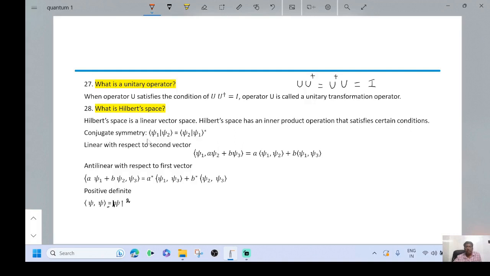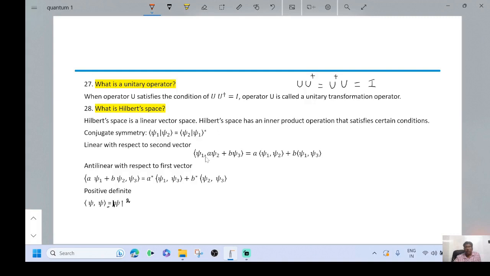Conjugate symmetry. Here psi 1 is in bra space, psi 2 is in ket space. If we interchange psi 1 and psi 2, we put a star: psi 2 in bra space, psi 1 in ket space, with a star, is equal to psi 1, psi 2. Linear with respect to the second vector.